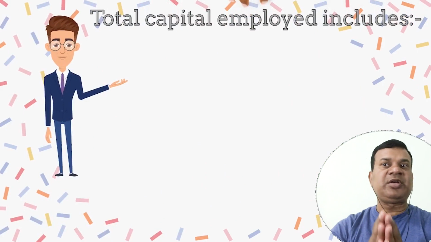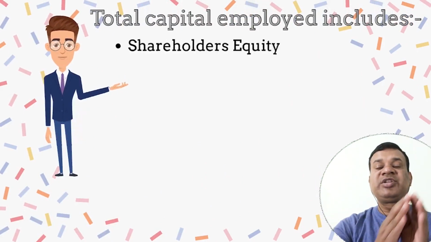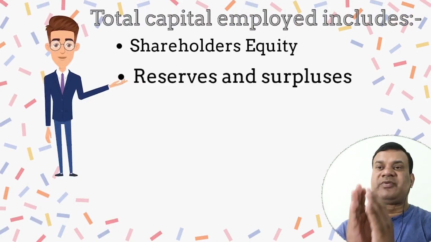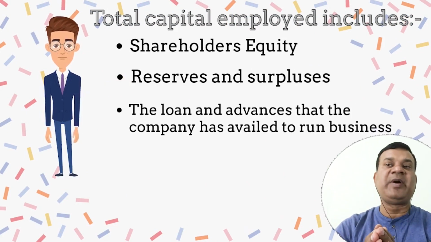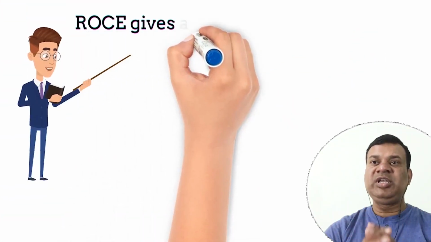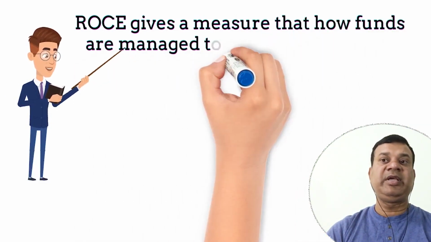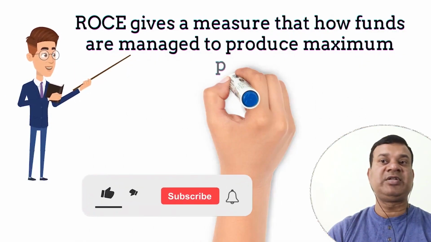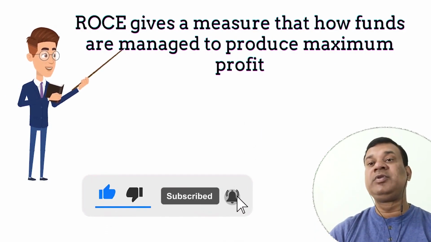The total capital employed includes all types of funds, that is shareholders' equity, reserves and surpluses, as well as loans and advances availed by the company to run its business. ROCE gives us a measure of how efficiently the company is able to manage its funds to generate profit, including the funds available through loans.